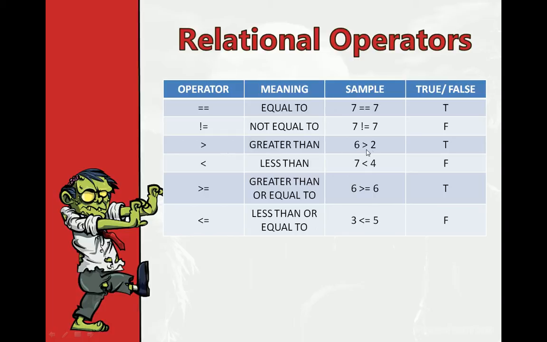I have the less than operator. Is 7 less than 4? No, it is not, so that statement is false. Greater than or equal to. Is 6 greater than or equal to 6? Yes, it is. 6 is equal to 6, and that's true. Now let's go back to greater than. If I just had the greater than symbol here, is 6 greater than 6? That would be false because 6 is equal to 6.